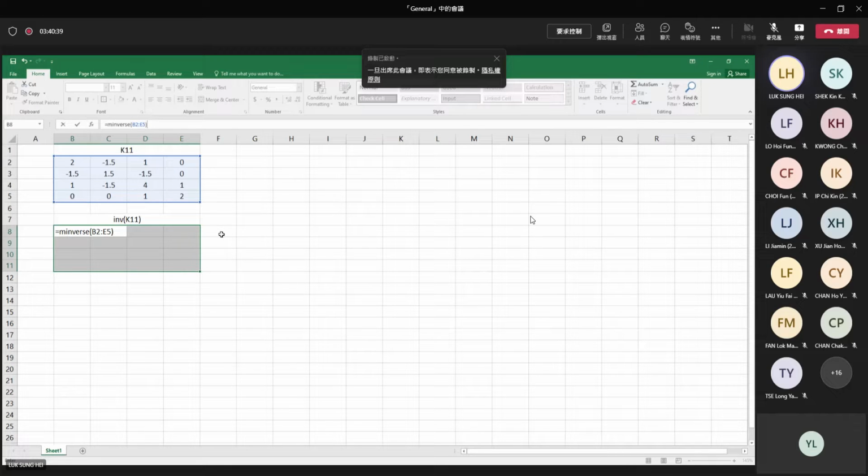Normally, you press Enter in Excel. But remember that if you want to do matrix operations in Excel, you cannot directly press Enter. You have to press three keys together: Control, Shift, and Enter. Three things together.